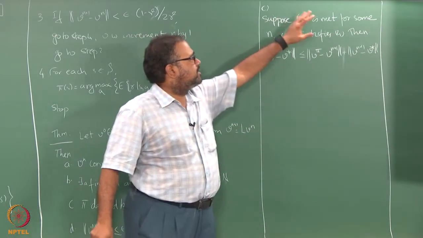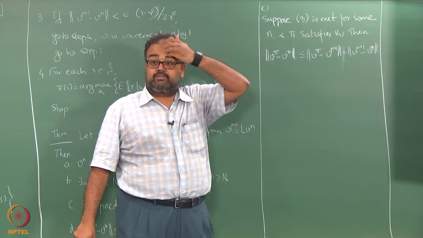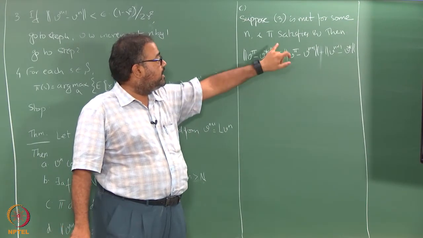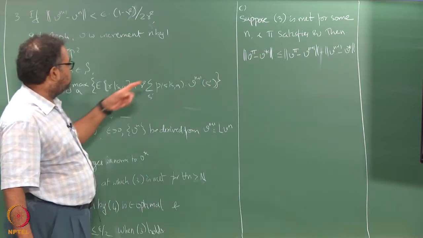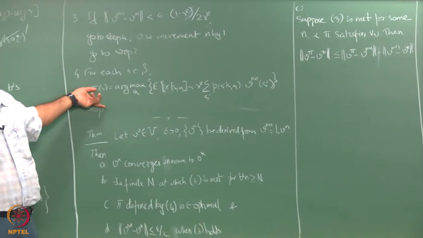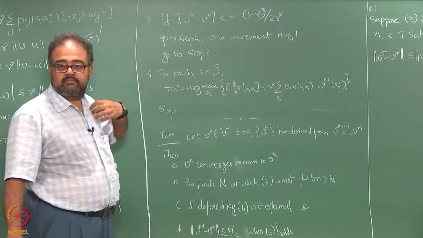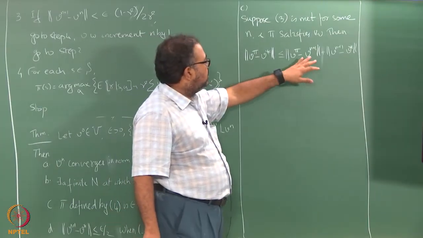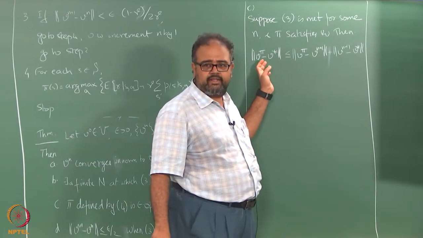So just assume that 3 is met for some n, okay. So n is already met, that condition has been met, right, and the pi has been derived from doing this, okay. So pi has been derived from doing this, and now I can use my triangle inequality, right.